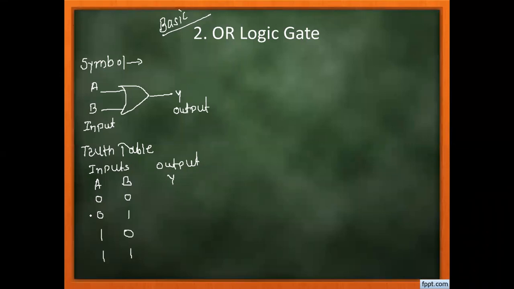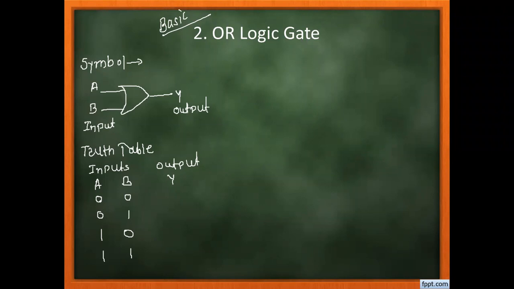Is it right? Now listen very carefully to the function of the OR gate. If one of the inputs of the OR gate is 1 or high, at that time the output is high.